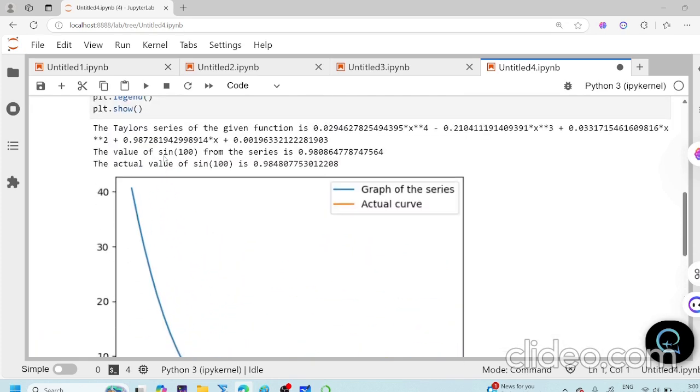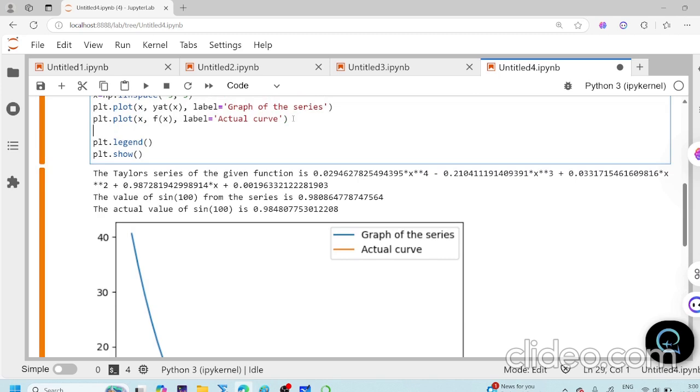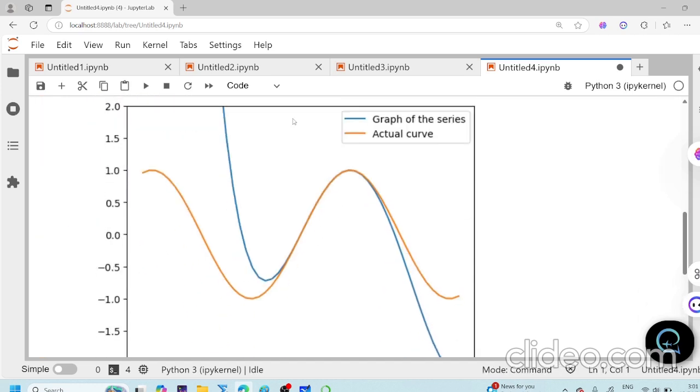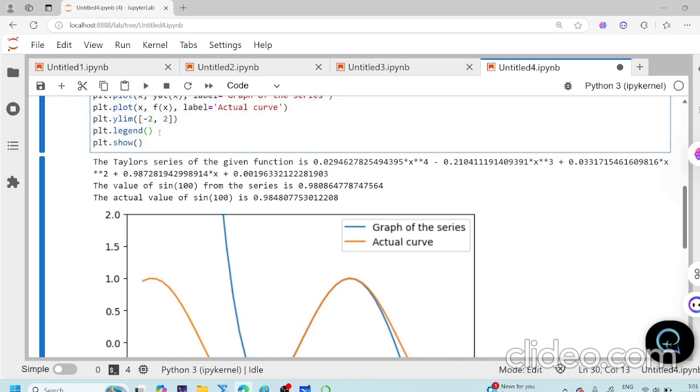I'm not able to tell whether it is properly approximating the given curve or not. So I have to restrict the values for y. I'll write plt dot ylim with limits of y, say, minus 2 to plus 2. Now running it. Got the actual graph which we are expecting.